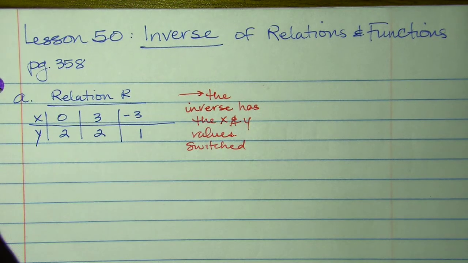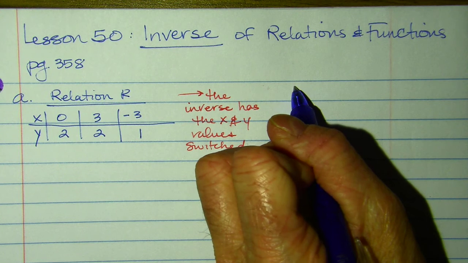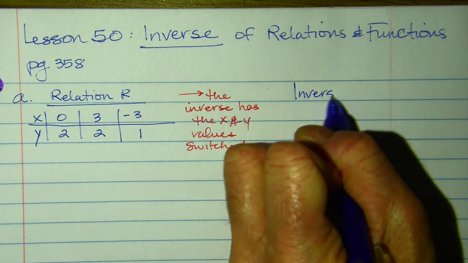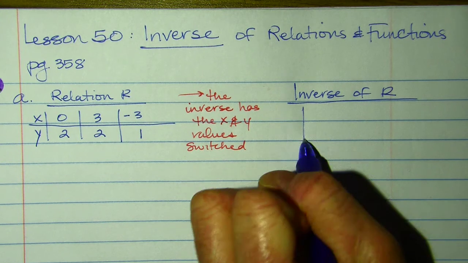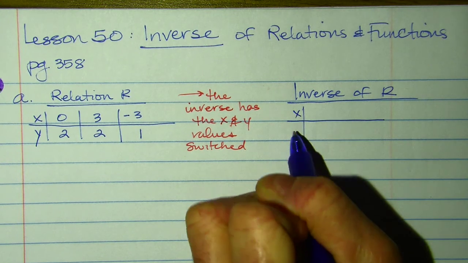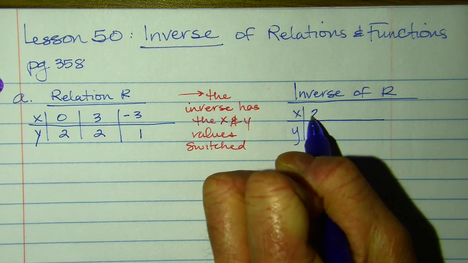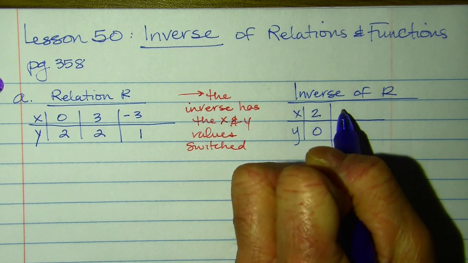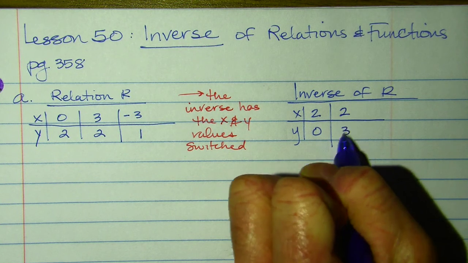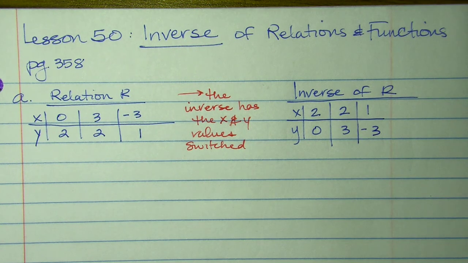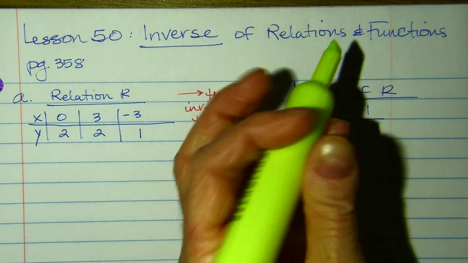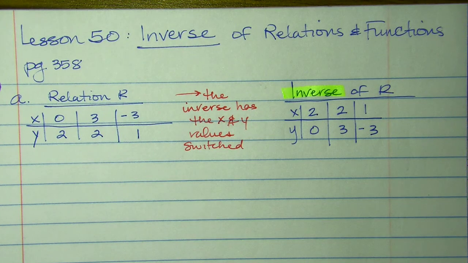Think of it as, it doesn't really mean opposite, but for the inverse of R, the table should be switched. For example, instead of 0, 2, it would be 2, 0. Instead of 3, 2, it would be 2, 3. Instead of negative 3, 1, it'd be 1 and negative 3. So to find the inverse, we simply switch the values in the table.